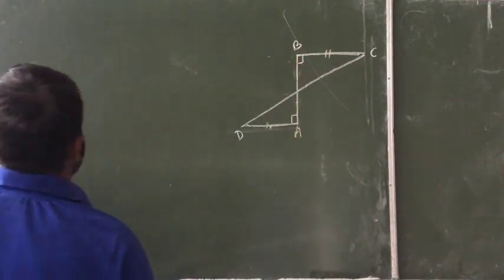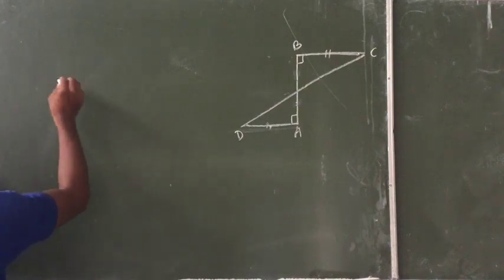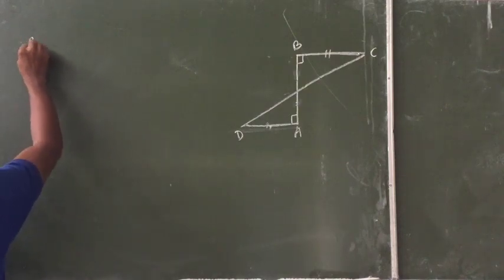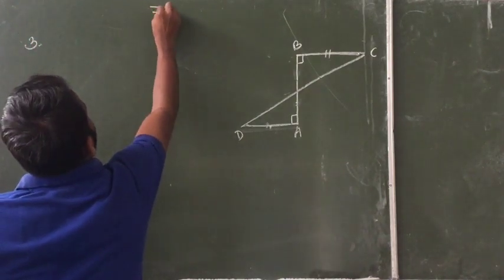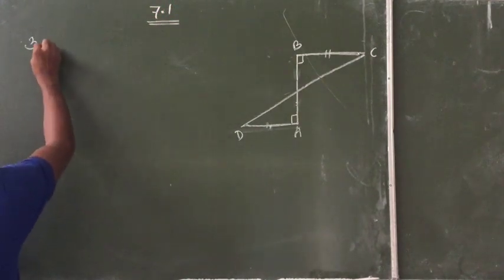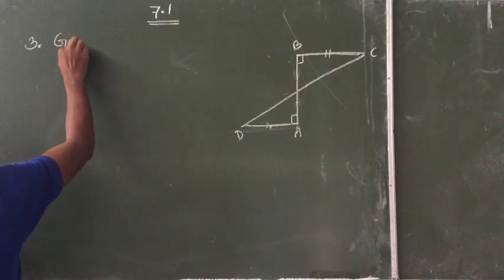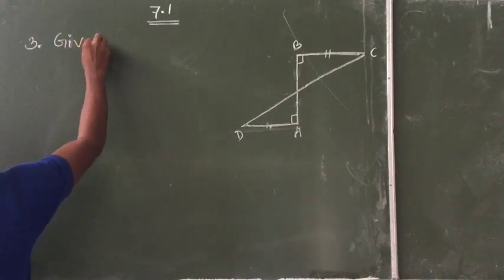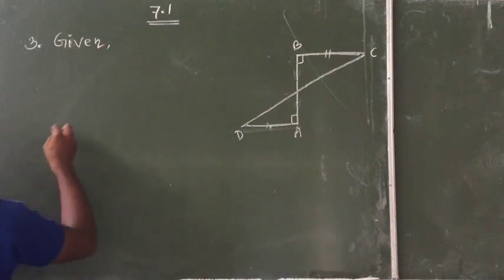So before we proceed, we will write what is given here. Question number 3, exercise 7.1. What is given?